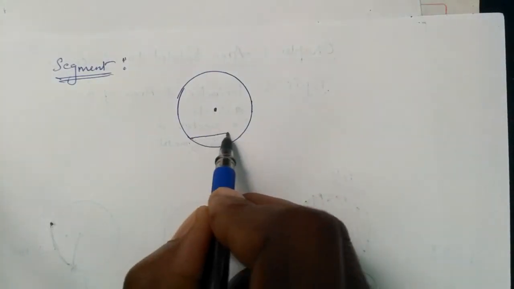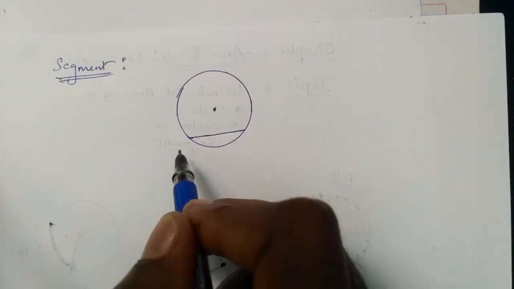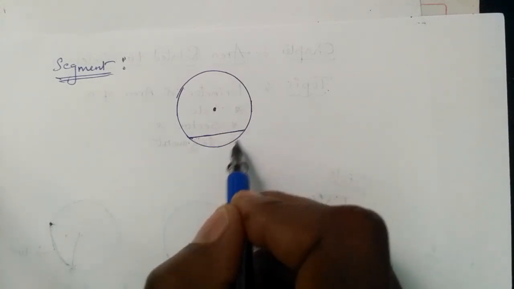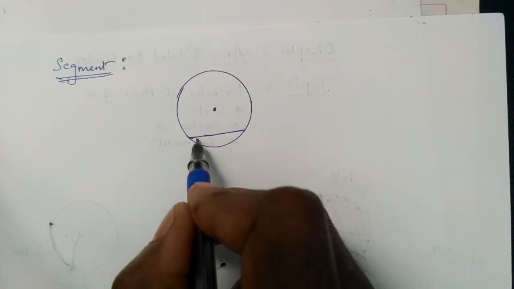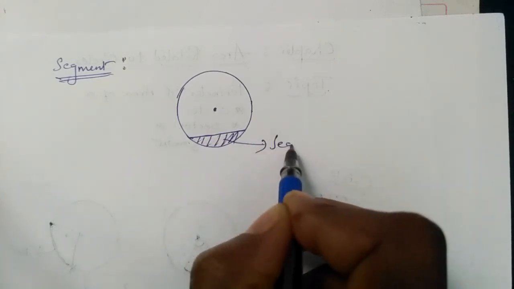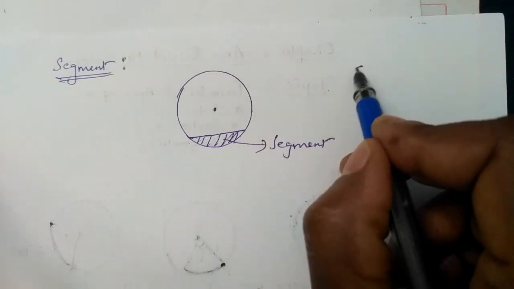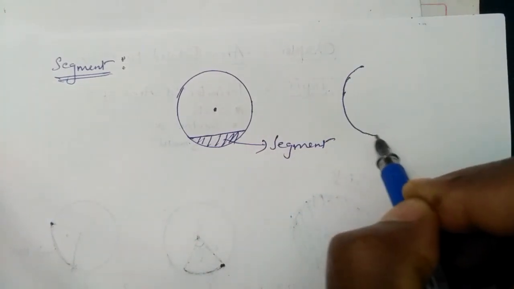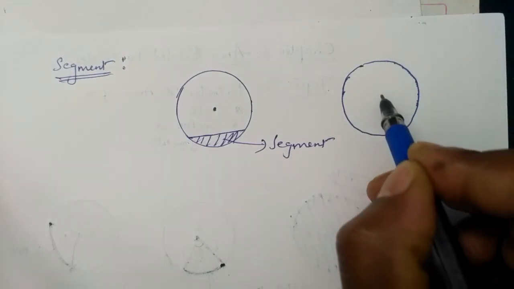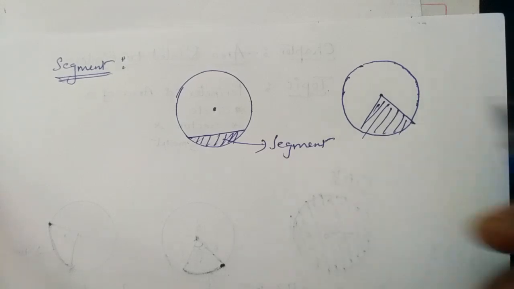So this is a segment. A segment is the region surrounded by a chord as well as an arc. This region is called a segment. Then what is the difference between segment and sector? Let me show you the difference.